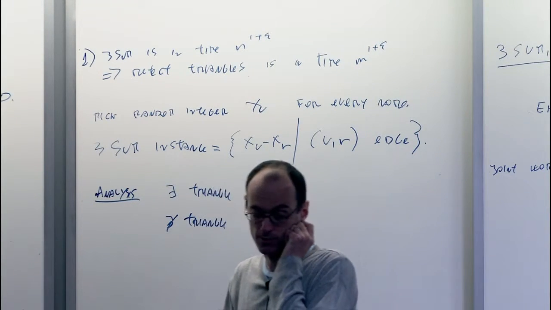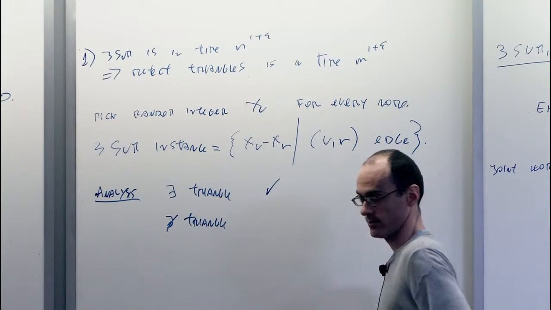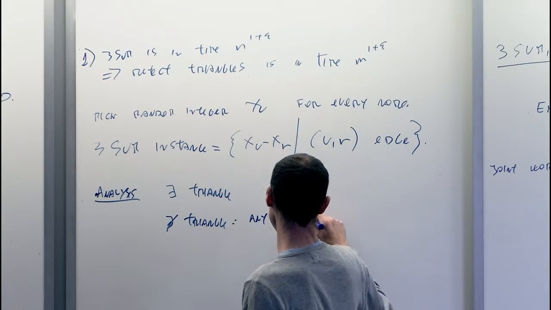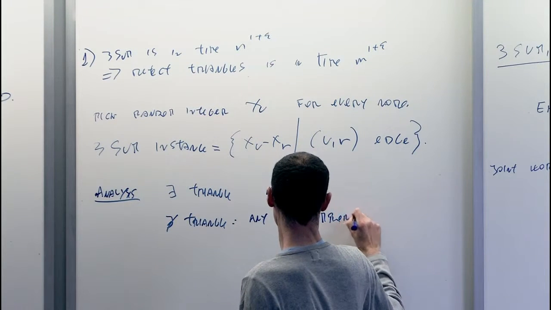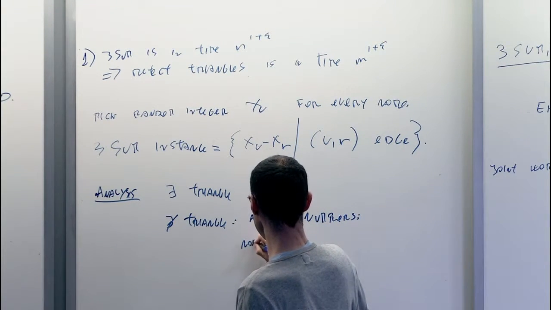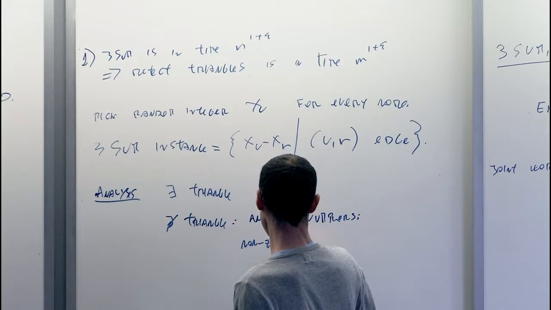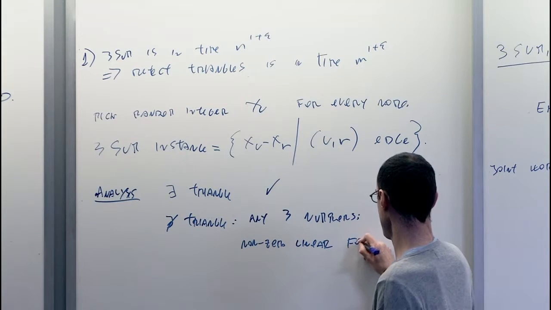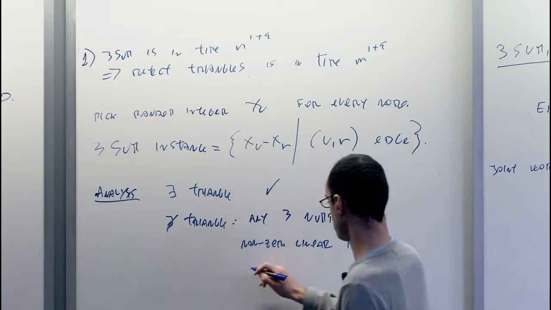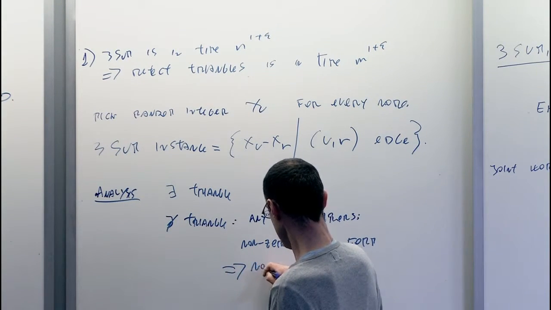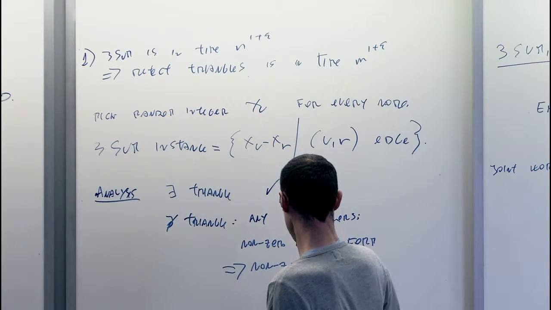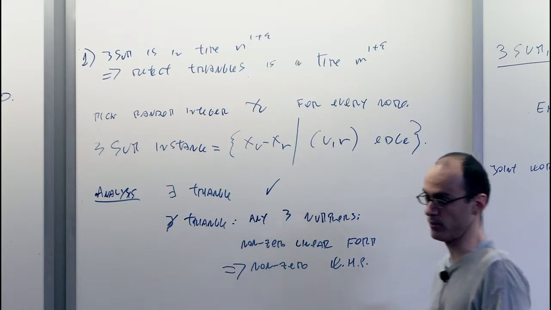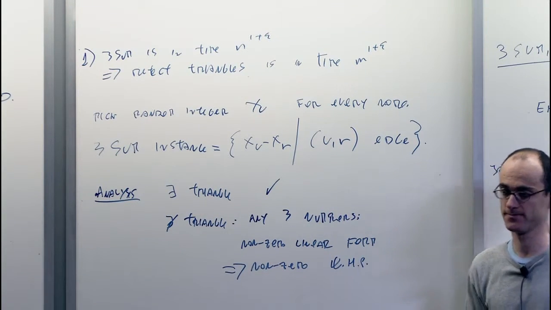And so with high probability over the choice of the assignment to the x's, it will be non-zero. So any three numbers form a non-zero linear form, and so you get non-zero with very high probability, and you can do a union bound over all possible choices for these three numbers.